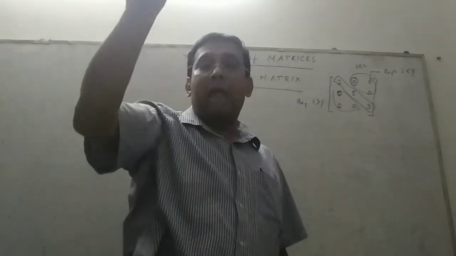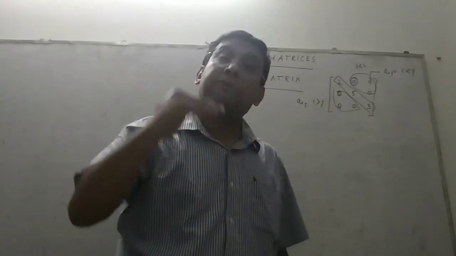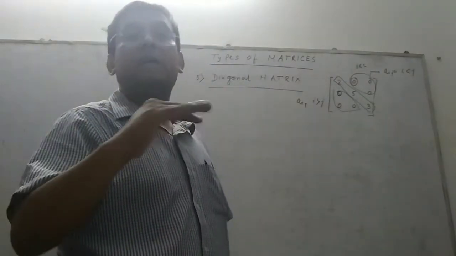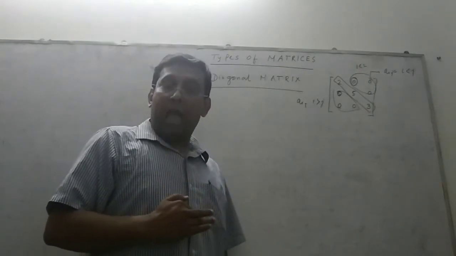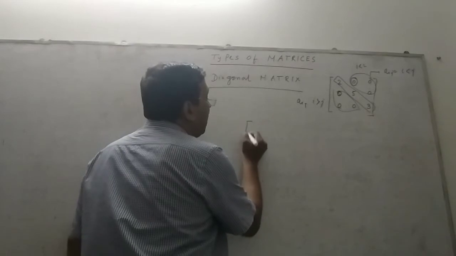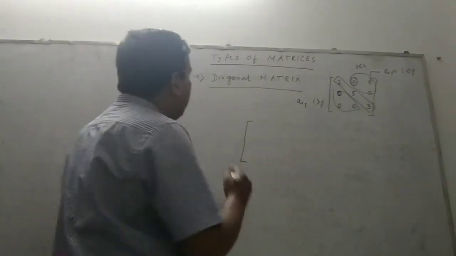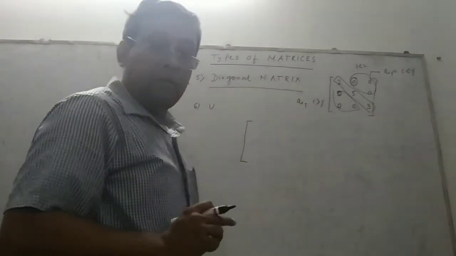That's why its name is upper triangular matrix. All the upper elements are non-zero, but all the elements below the primary diagonal are 0.